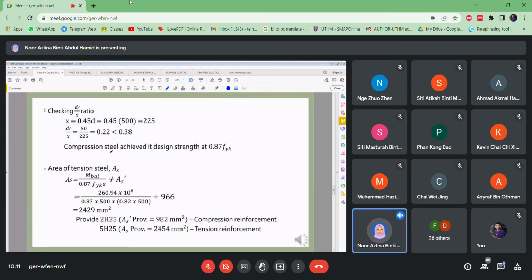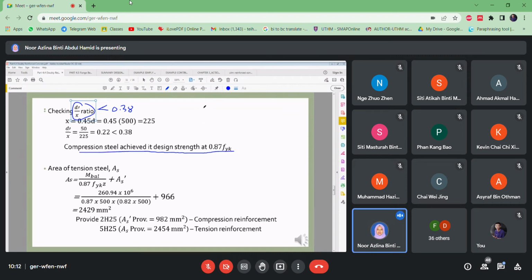Okay, so because we have compression reinforcement, you need to do the checking. So this is the checking for the compression reinforcement. It should be D prime divided by X should be less than 0.38. Okay, so kalau if less than it, that means compression still achieves its design strength at 0.87 FYK.